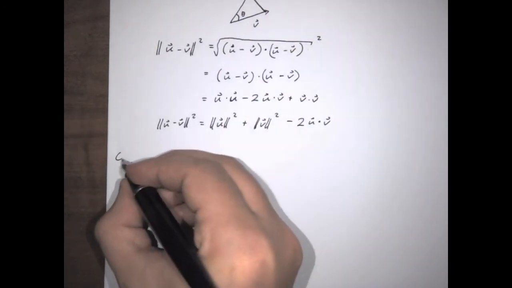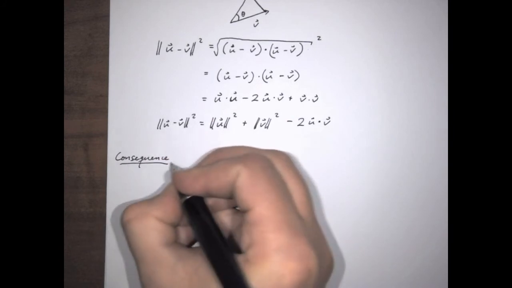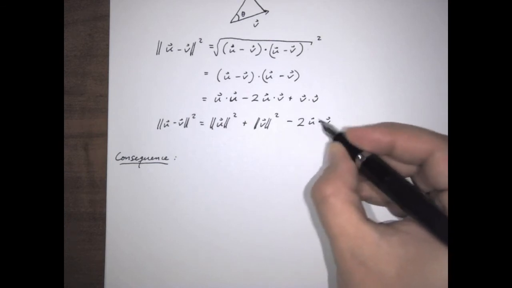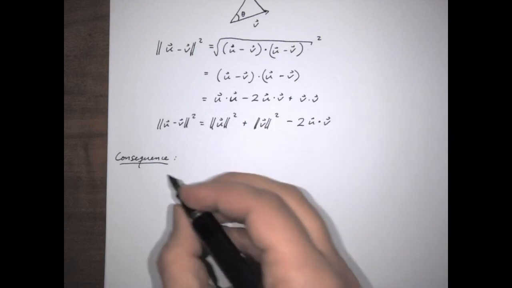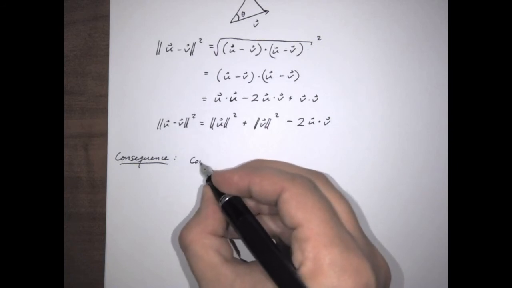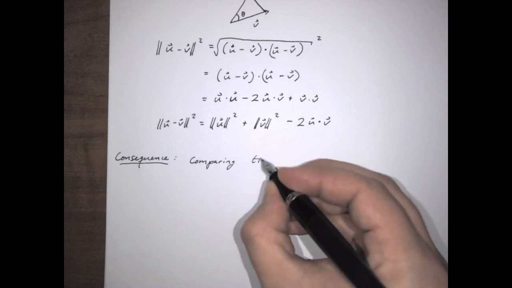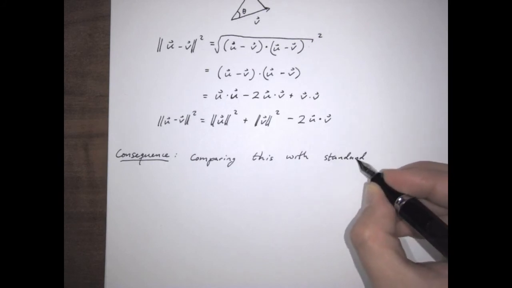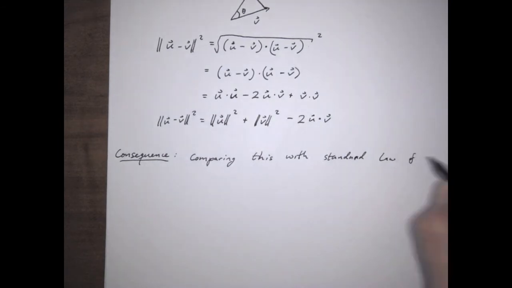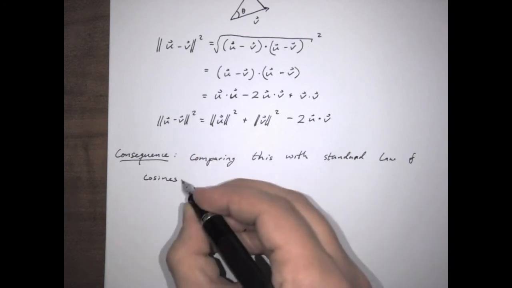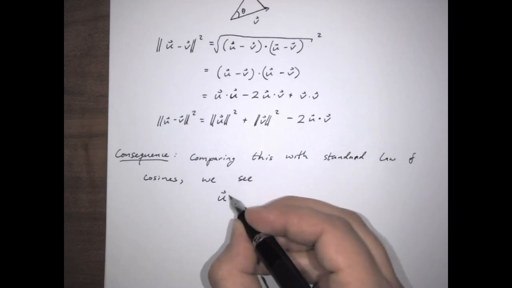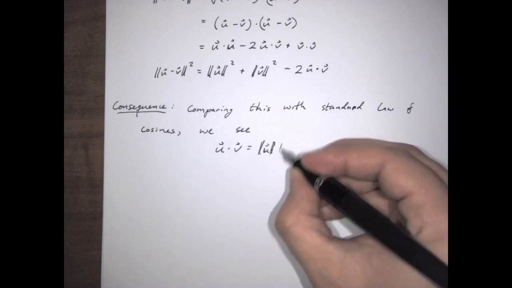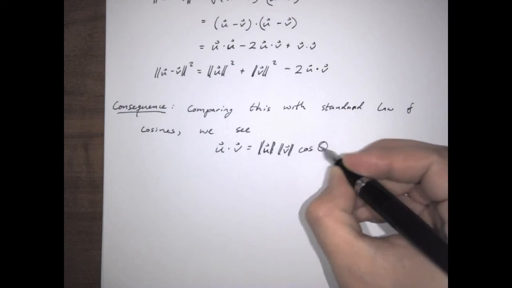Now, the consequence of this, if you think about the regular version of the law of cosines, this part right here is actually where you would usually see ab cosine C. So if we compare this with the standard law of cosines, we see u dot v is equal to the magnitude of u, the magnitude of v, cosine of the angle between them.